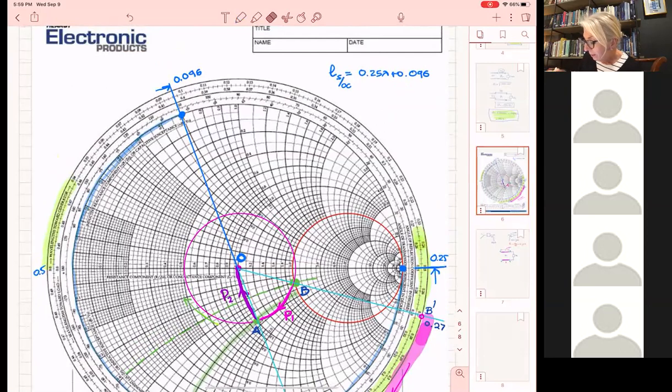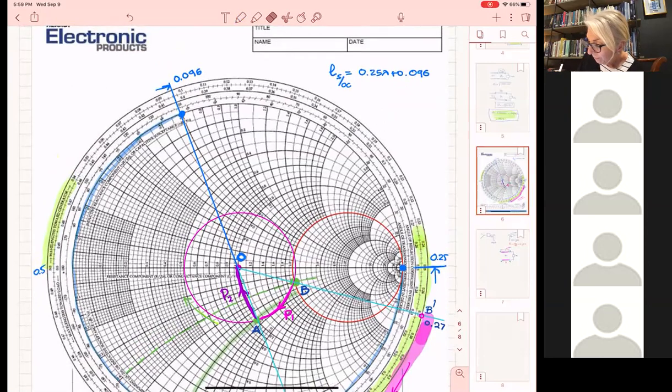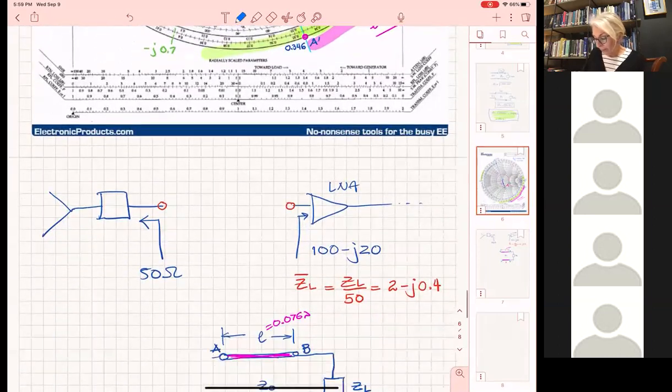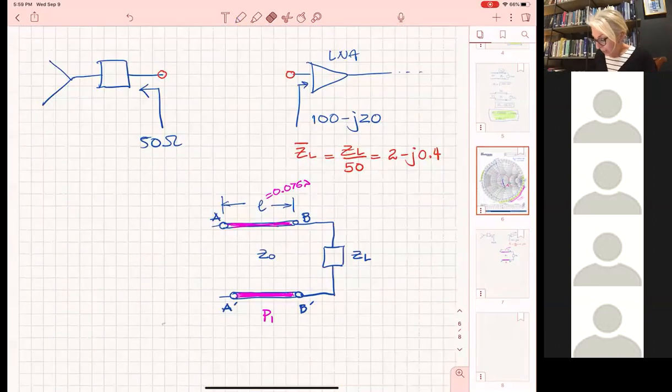And this is going to give us 0.346 lambda. So practically what the Smith chart told us is that we start with this section of line, which is very short, all right, you see, and then we put a very long stub, and the stub is open.